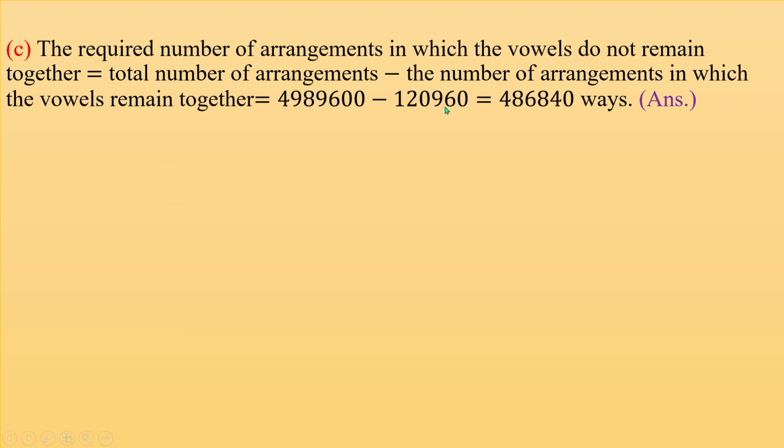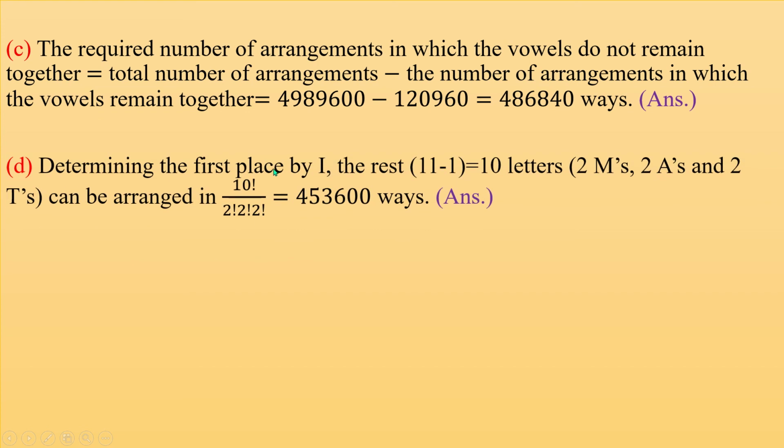As we have given the solution of A and B, we can easily solve C. But if the solutions of A and B were not given, you would have to solve A first, then B, then you will get the result C. That means the required number of arrangements in which the vowels do not remain together. C is a combination of A and B. Clear everyone?